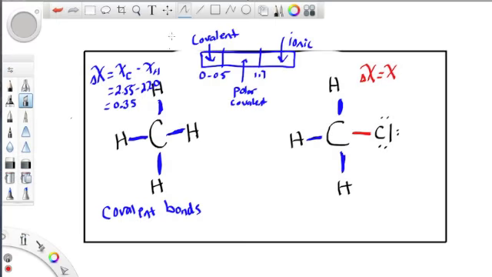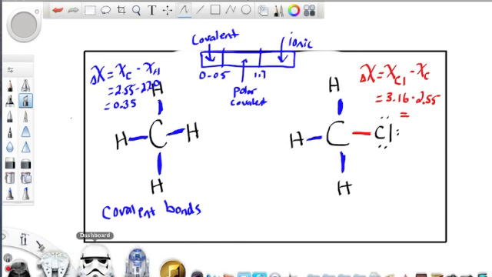The higher one goes first, so chlorine minus carbon equals 3.16 minus 2.55 equals, those numbers don't rattle off in my head well, so let's come back here.